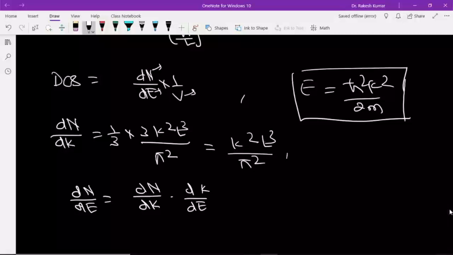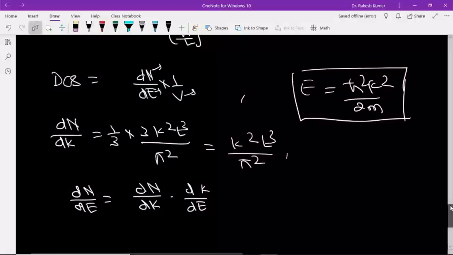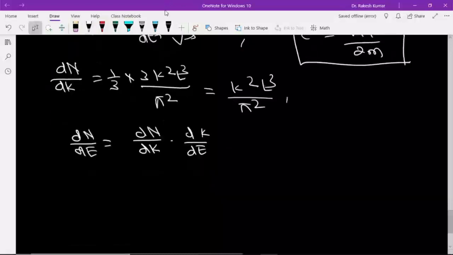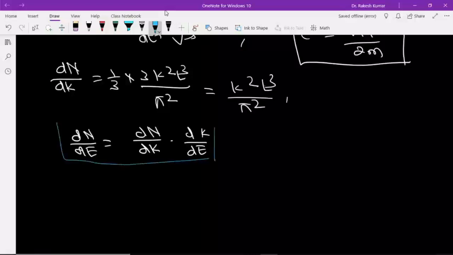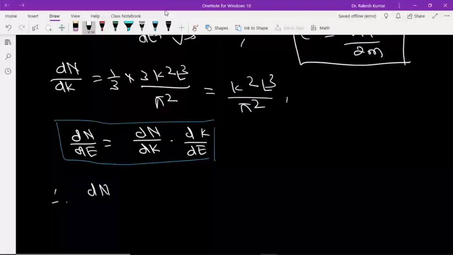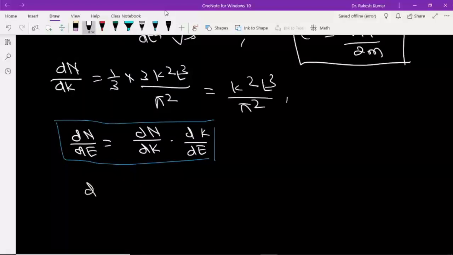So we know that E equal to h cross square k square by 2m. So from here we can write, it's very important to note, therefore dn by dE, sorry, first we have to know this term dE by dk or dk by dE.